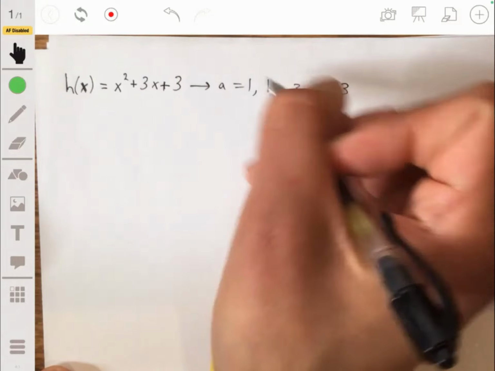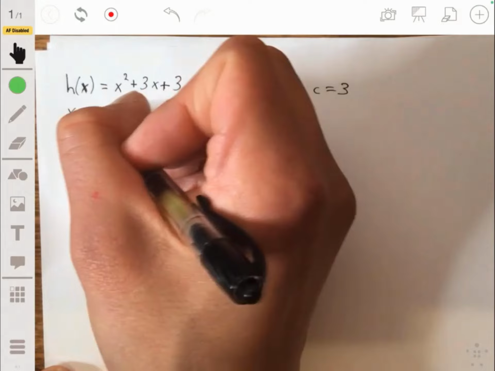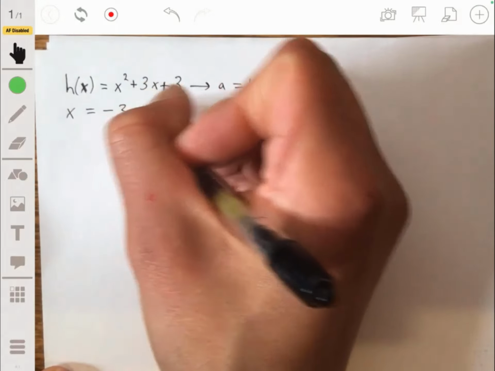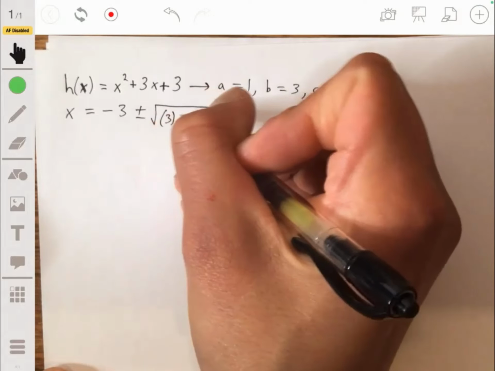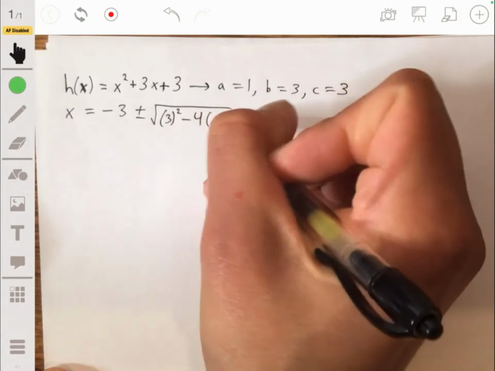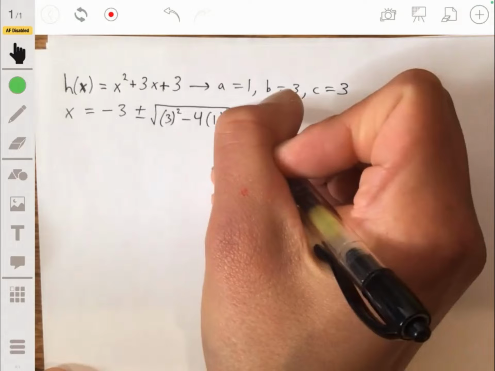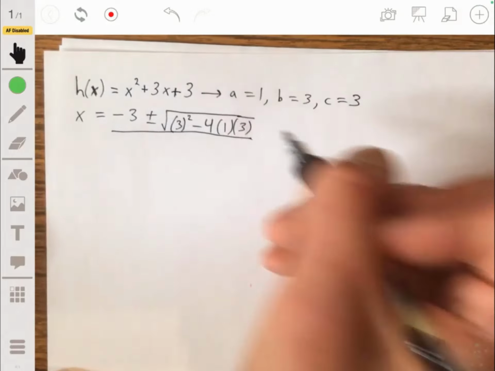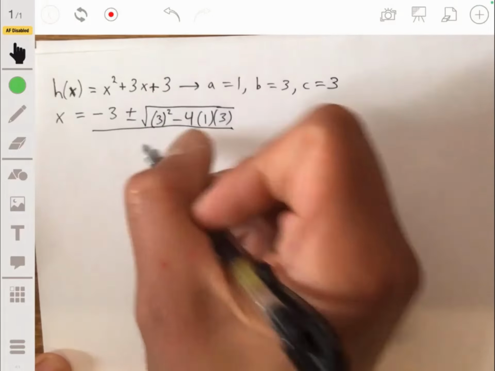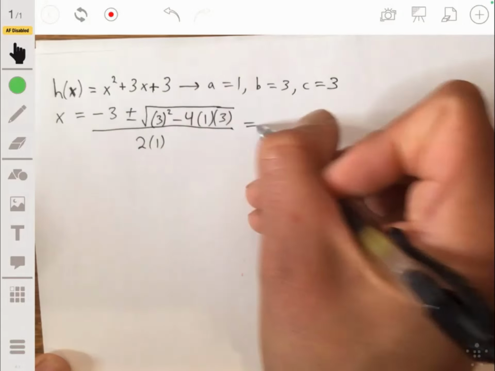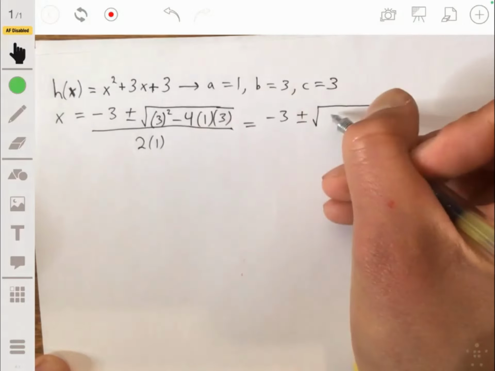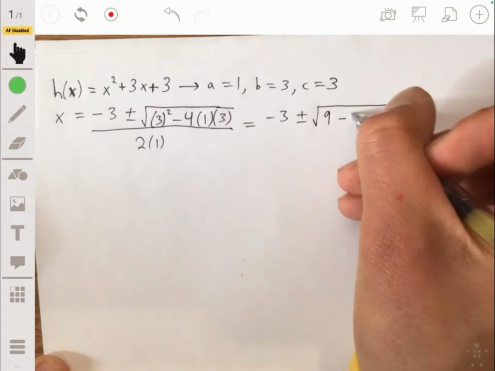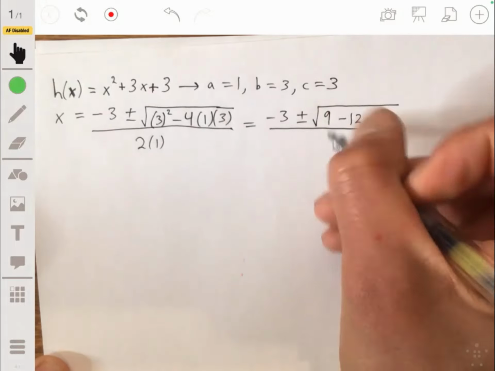So then using the quadratic formula, we'll get x is negative b, so negative 3 plus or minus the square root of b squared, so 3 squared minus 4ac, all over 2a. Negative 3 plus or minus the square root of 9 minus 12 over 2.